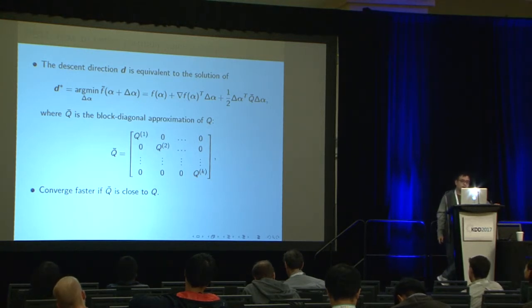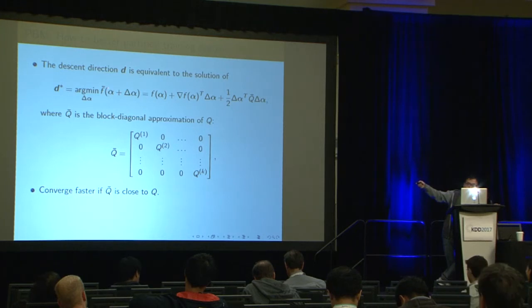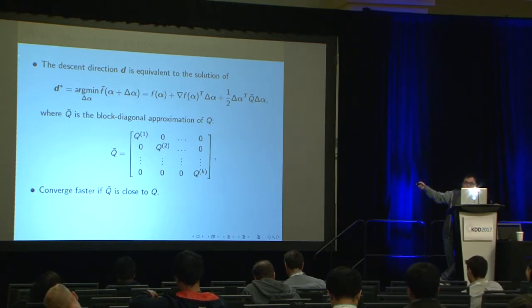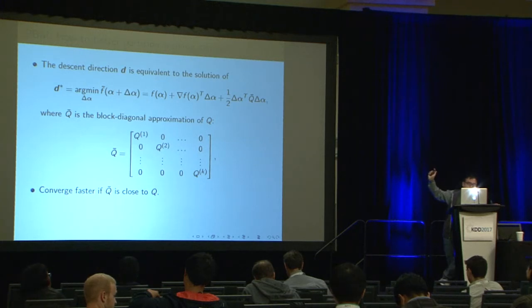So the descent direction we compute, the d vector here, is actually, if you do some derivation, you can see it's equivalent to the minimizer of this approximate function, and the approximation is done in the second order term. So originally, the second order term is the Q matrix, the kernel matrix.